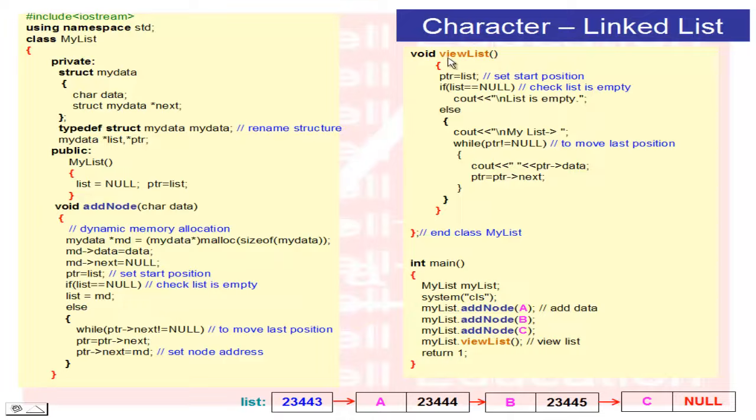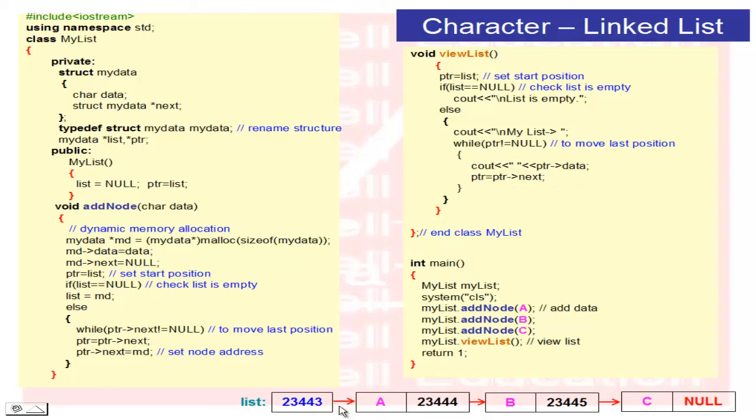Now another function is viewList. In ptr I have assigned the start pointer address from list. First we check if list equals null, meaning the list is empty, otherwise in the else we check while ptr is not equal to null, so we print the data by using cout of ptr of data and move pointer ptr to ptr of next.